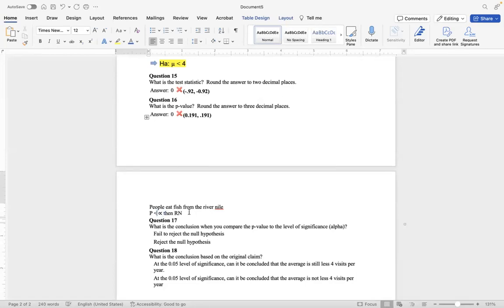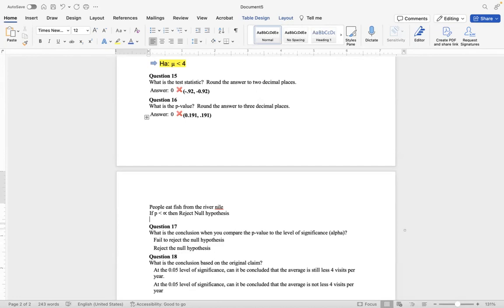So what happens is if p, and that's the small p, is less than our significance level, then we will reject the null hypothesis. So let's see, p is from number 16 here, 0.191.